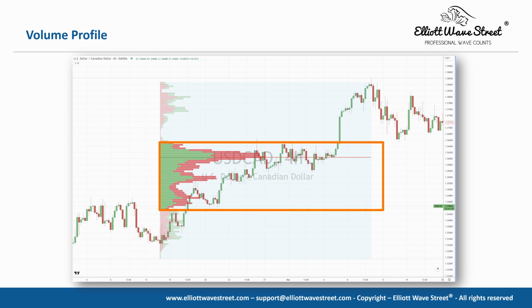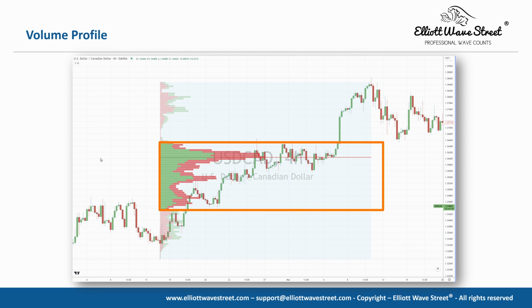So the volume profile is a good solution, because the volume profile is not being made by the volume of the market. It's not by the number of shares or the number of contracts. It's just by the time that the price has spent at a level.